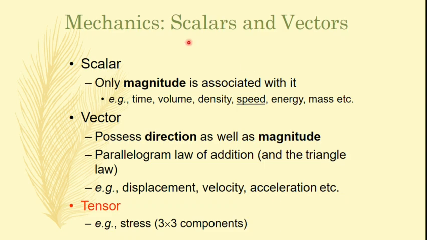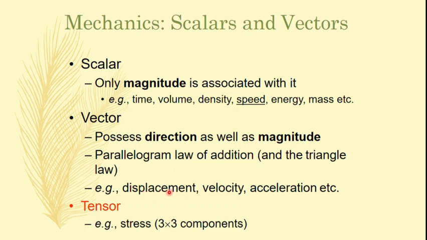Therefore, basically, scalar, vector, or tensor is used to describe the measurable quantities. When in case of measurable quantities only magnitude is sufficient to describe the quantity, then that quantity is a scalar. And when both the magnitude and the direction are required, then it is a vector.